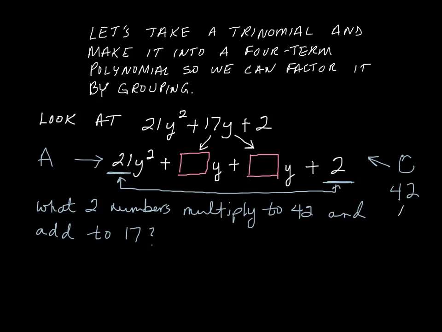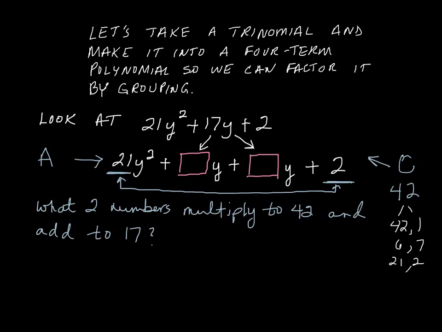Well, I know it can't be 42 and 1 because no kind of way can I add a 42 and a 1 to get 17. What's another number that divides into 42? 6 and 7. 6 and 7 multiply to 42, but will they add to 17? 21 and 2.